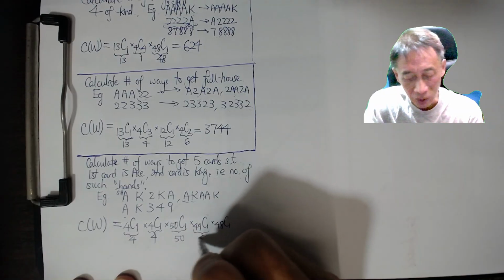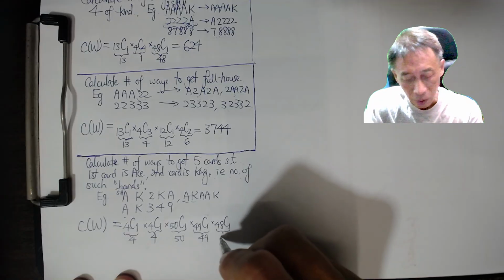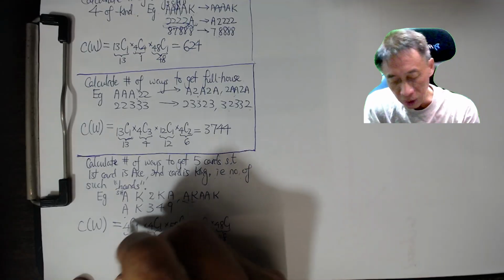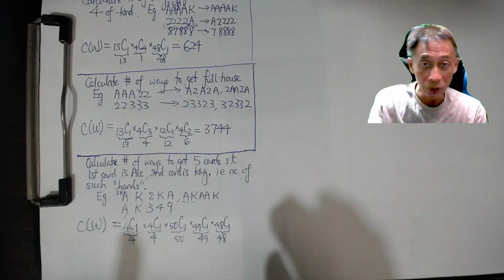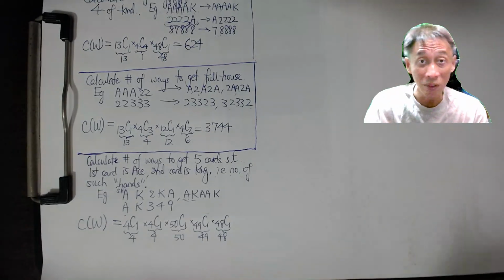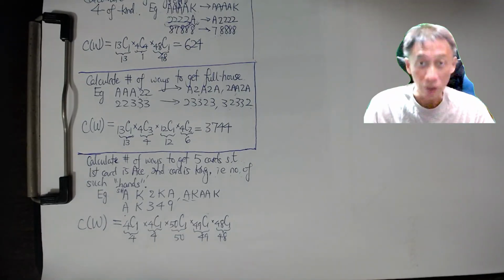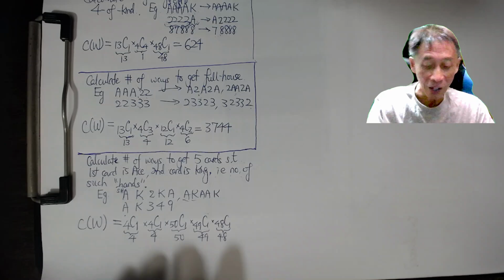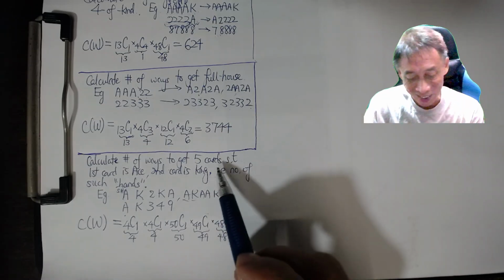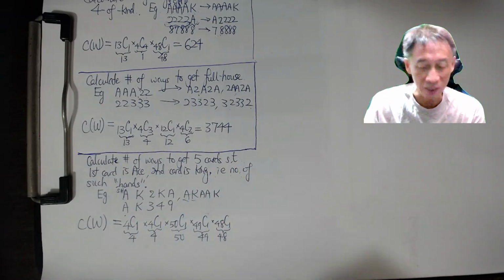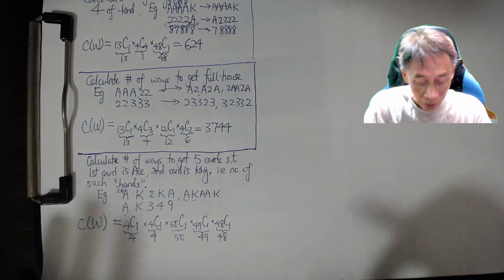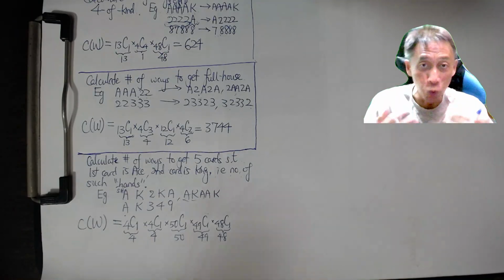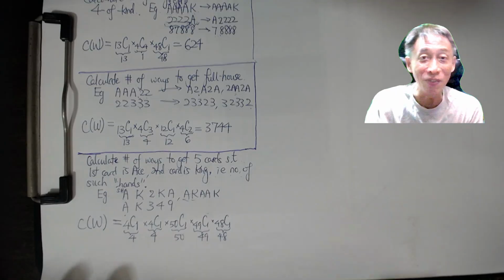So what we need to do is that so far, these whole 5 terms have counted the correct permutation for the 5 card combinations that satisfy the requirement that the first card is ace and the second card is king. What we need to do is remove the permutation within these 5 cards.